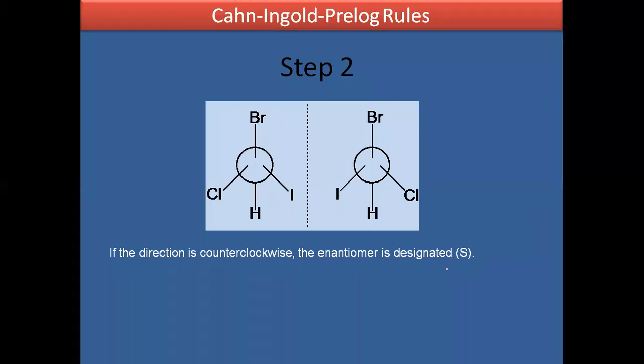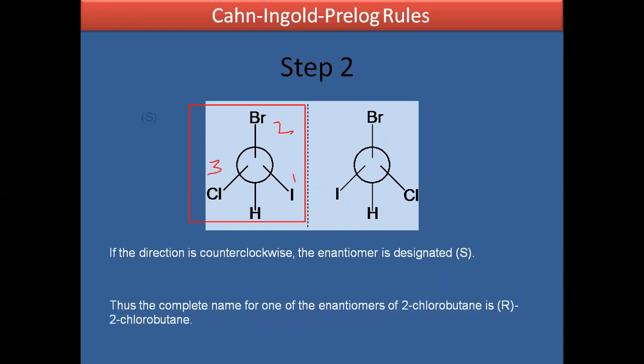If the direction is counterclockwise or anti-clockwise, it's designated as S. Here, the structure of S configuration 1 to 2, 1, 2, 3. In this way, you have to give the name.